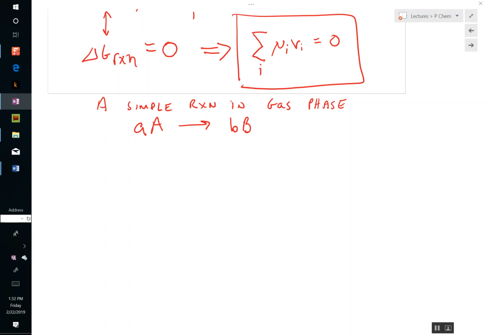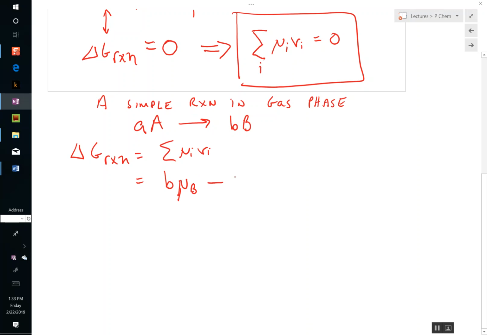So just a general reaction. And the delta G of reaction is going to equal the sum of the mu_i's times the nu_i's. So that's going to equal nu_B times the chemical potential of B minus nu_A times the chemical potential of A.